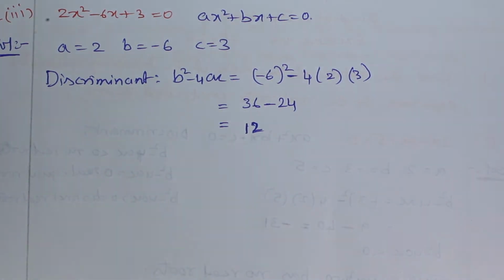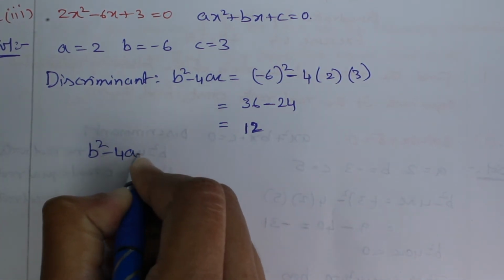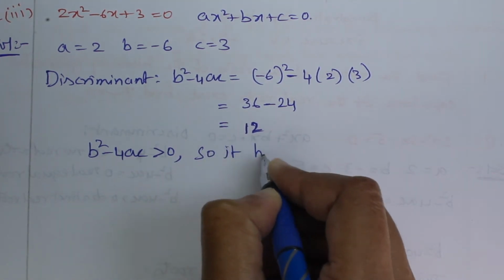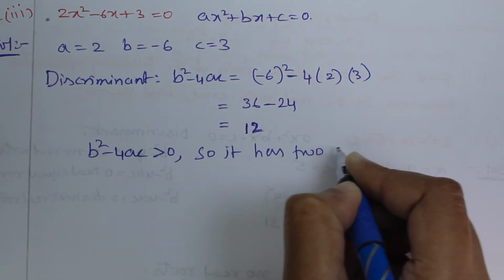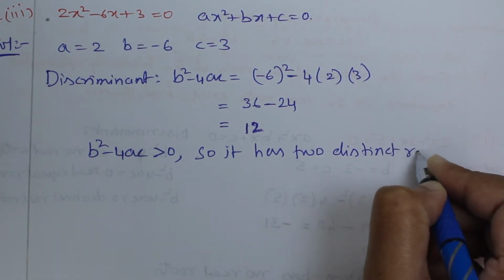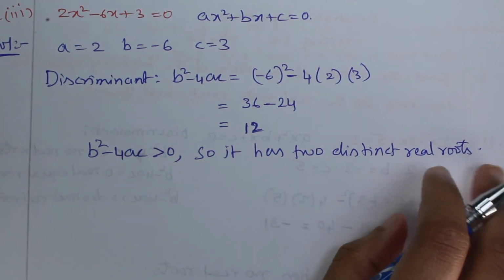So because here b square minus 4ac value is greater than 0, it has two distinct real roots. Okay, this is the nature of the roots.